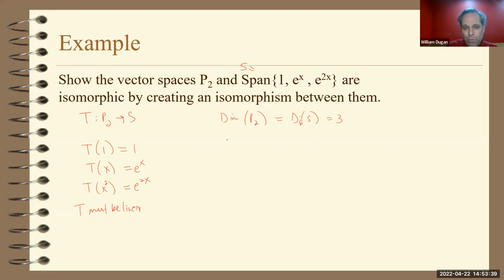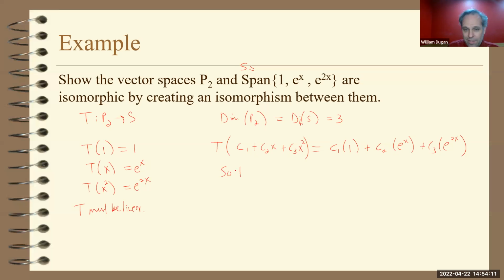But notice that if you take any single vector in S, any vector in S can be written as C1 times 1 plus C2 times e to the x plus C3 times e to the 2x. But that is exactly what you get when you apply T to C1 plus C2 times x plus C3 times x squared.